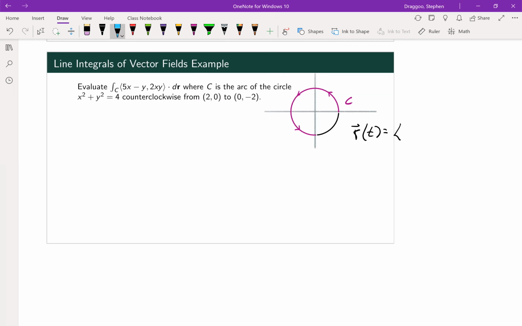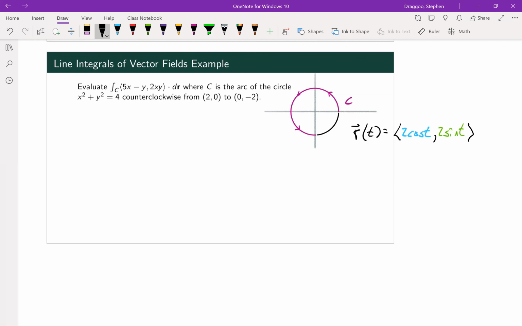That just means we'll use 2 cosine t for the x component, and 2 sine t for the y component. Okay, and we wanted to go from the point 2, 0 counterclockwise to the point 0, negative 2, which is just the part of that circle that's highlighted in pink.